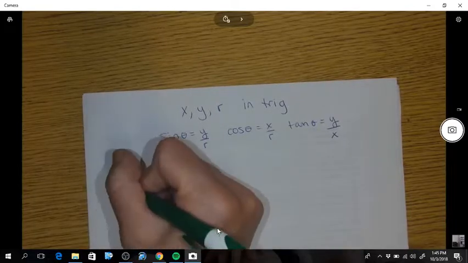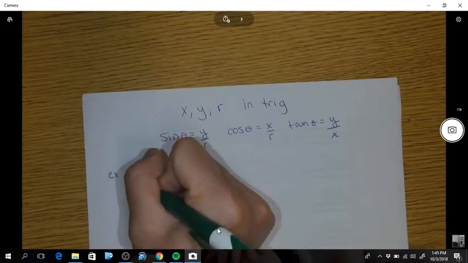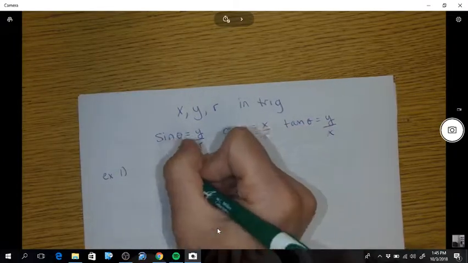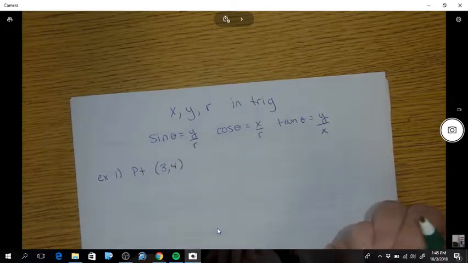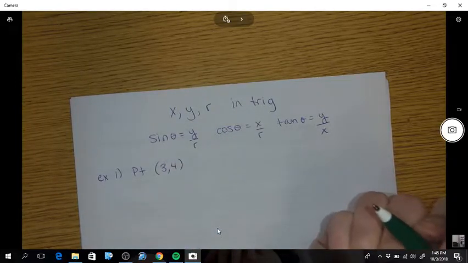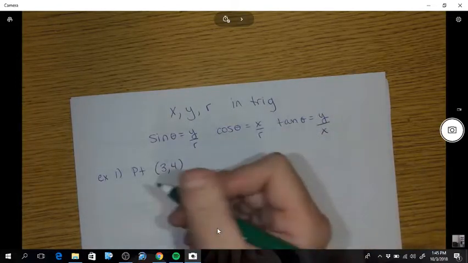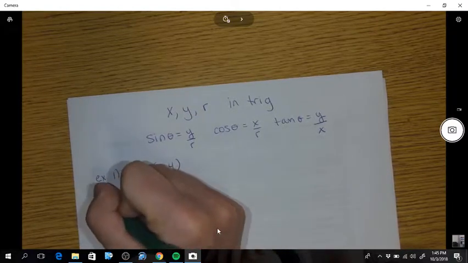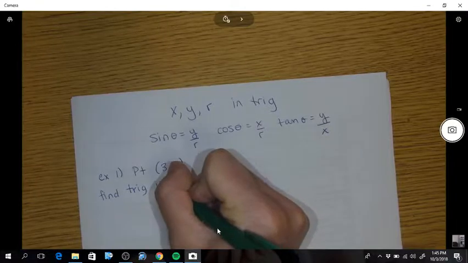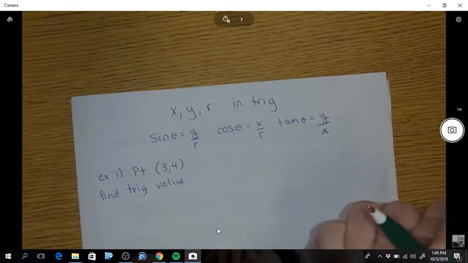Okay, here is example 1. You have the point 3, 4. You are going to find the trig values for an angle that goes through that point.